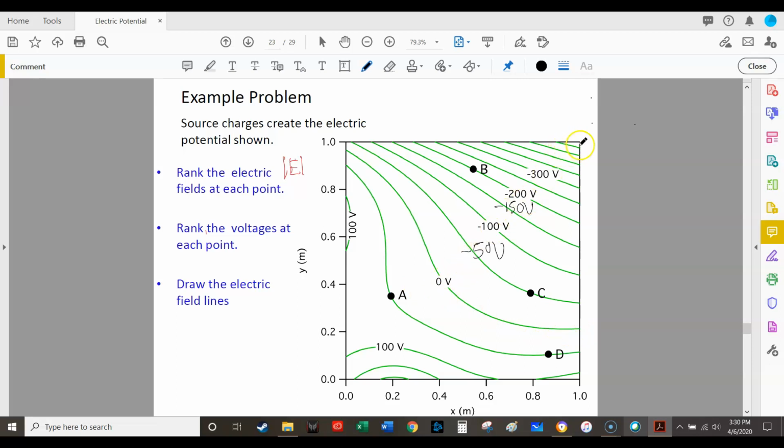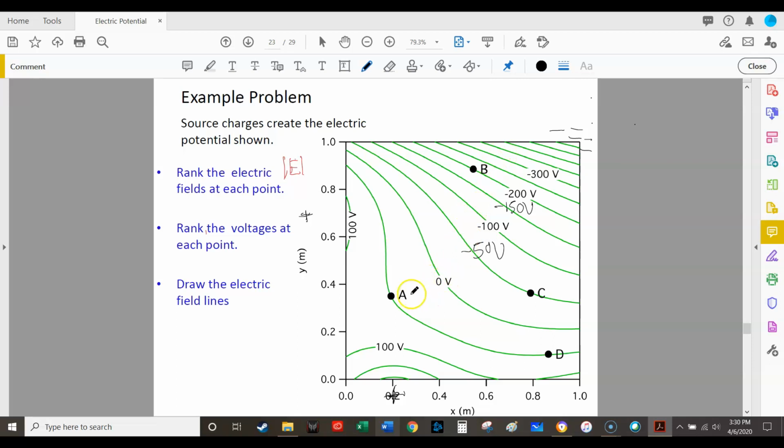It's getting deeper and deeper underwater. And this is a mountain top of some type. And this is another mountain top of some type, probably over here. So that tells me that there's some source of positives over here. There's probably some source of positives over here. And since these voltage lines are getting very close together, that means there's probably a collection of electrons over here.